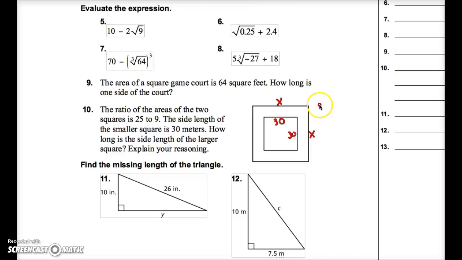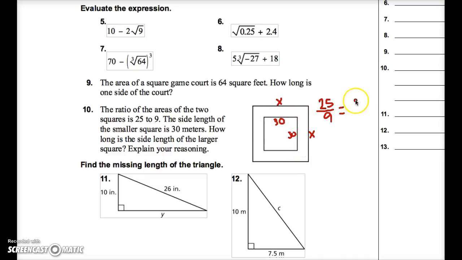So the best way to solve this is to set up a proportion. So the first thing I'm going to use is my ratio that they gave me, 25 to 9, 25 over 9. That's going to be equal to, now remember, we did the big square as the numerator, smaller square as the denominator. And we're talking about the areas of the two. So to find the area of the bigger square, it's length times width.